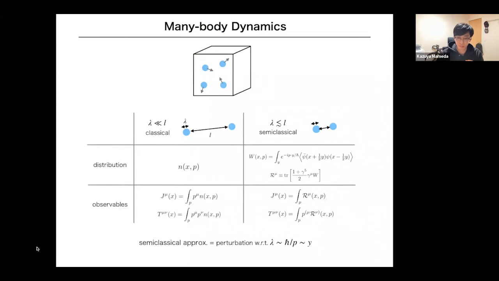And of course, if you consider a stronger angular velocity omega, then you need more quantum correction. In that sense, this is related to the perturbation to the external source.